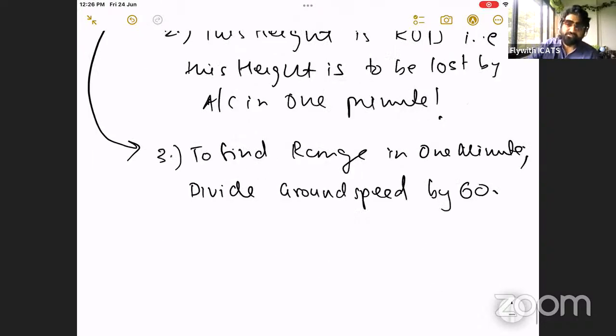Simple. Because 60 minutes is 1 hour. Ground speed in knots, speed is nautical miles in an hour. So you can divide that speed by 60 and you will get your 1 minute range. How much will the aircraft travel in 1 minute? Once you get that range in 1 minute, that range you'll use in the height formula to get your glide slope.